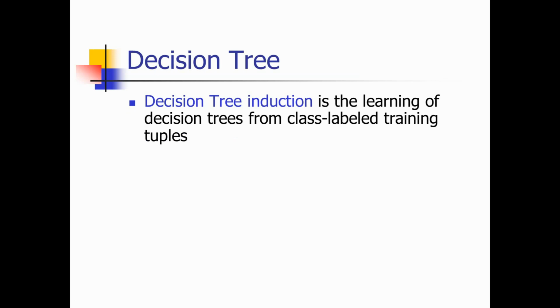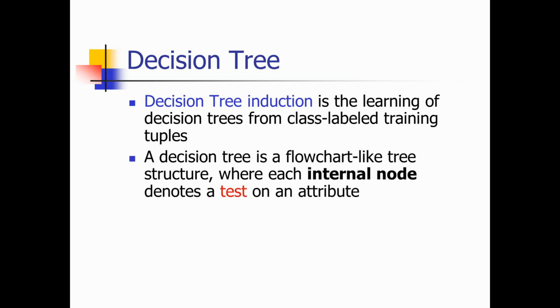Decision tree induction is the learning of decision trees from class-labeled training tuples. A decision tree is like a flowchart. It will start with the root, which is a topic discussed in data structures. Starting from the root, making the decisions goes to each branch and then makes the decisions.